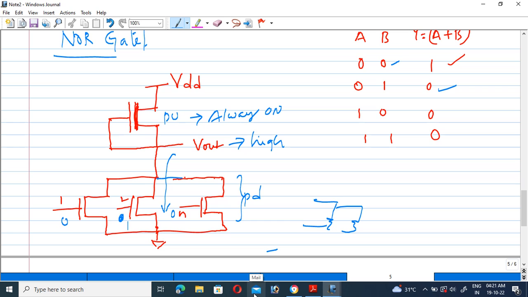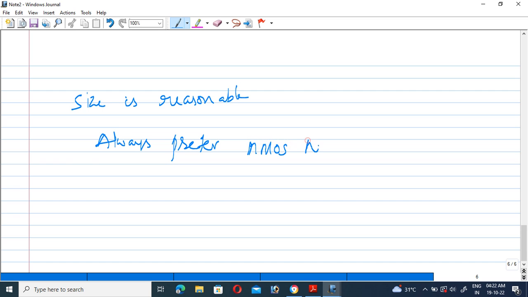The worst case delay of the NOR gate is also comparable to the corresponding inverter. So from this conclusion, we can always prefer the nMOS NOR gate compared to the nMOS NAND gate realization. Size is also reasonable.